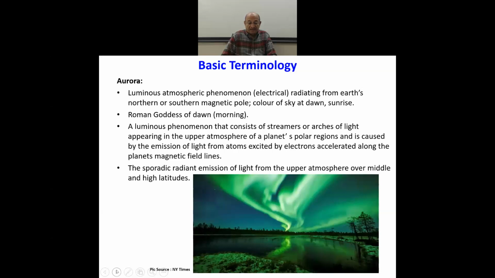It is the sporadic radiant emission of light from the upper atmosphere over middle and high latitudes.